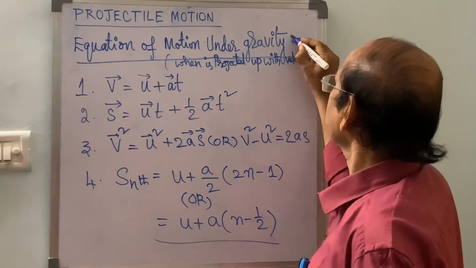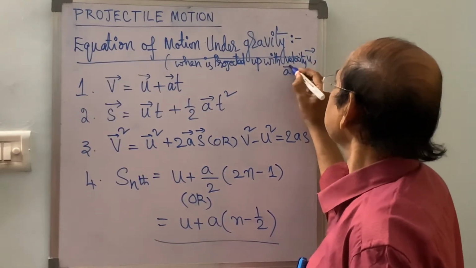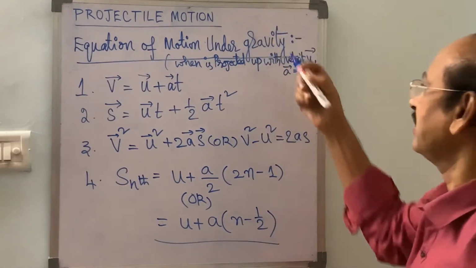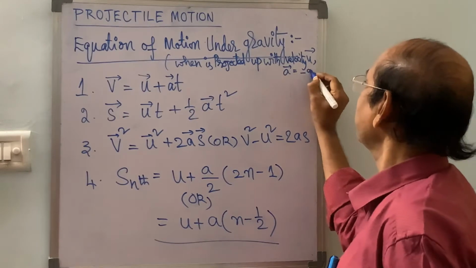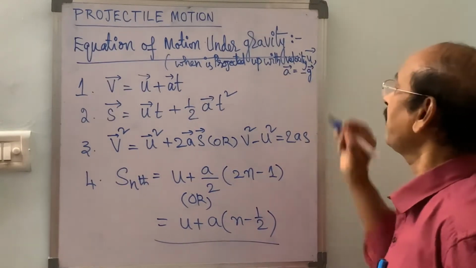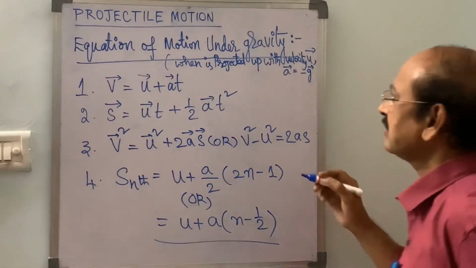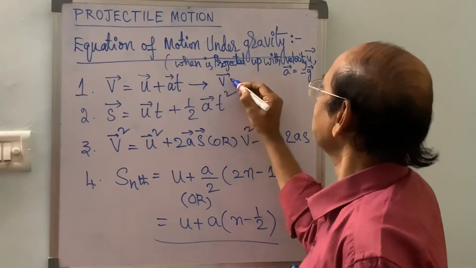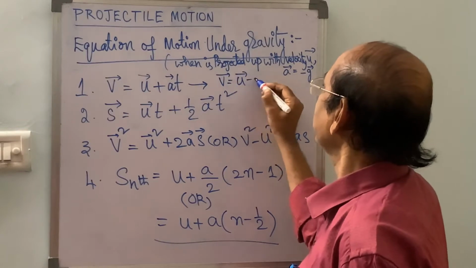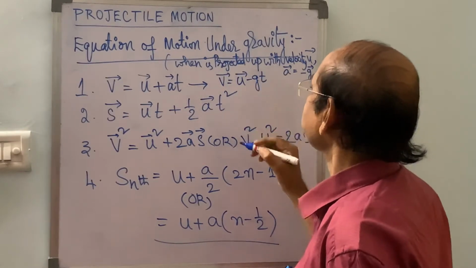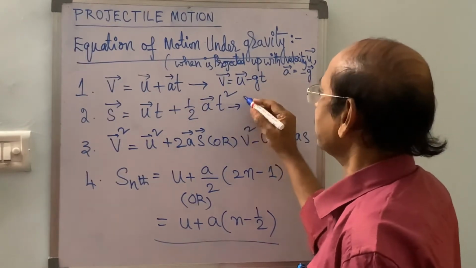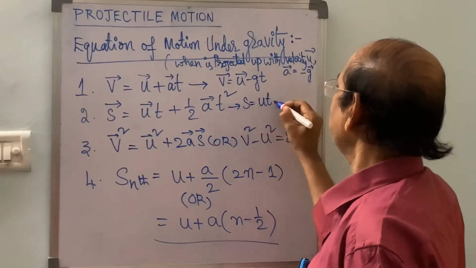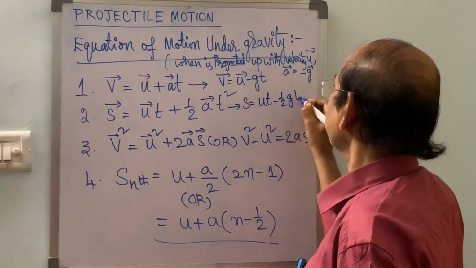Then here acceleration a bar is equal to, as the body moves up, its velocity gradually decreases. So it possesses negative acceleration. Therefore, a bar is replaced by minus g. Then this equation becomes v bar is equal to u bar minus gt. And this equation becomes s equal to ut minus half gt square.